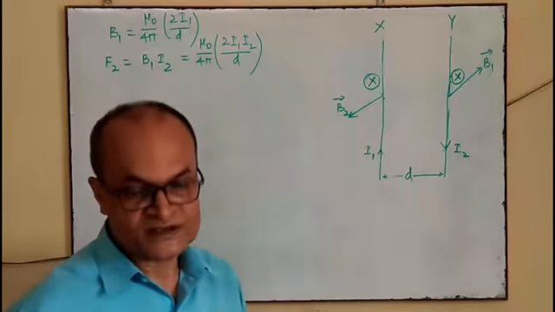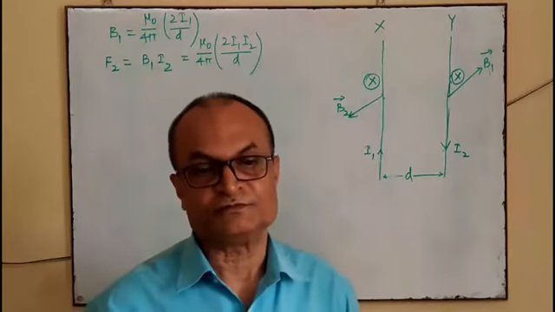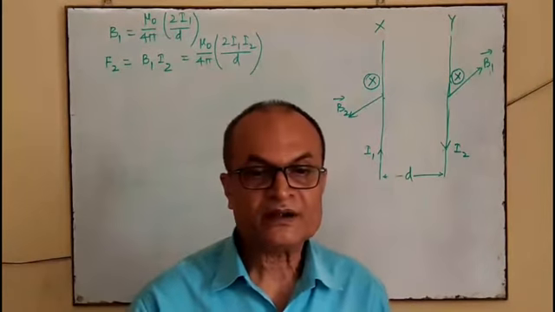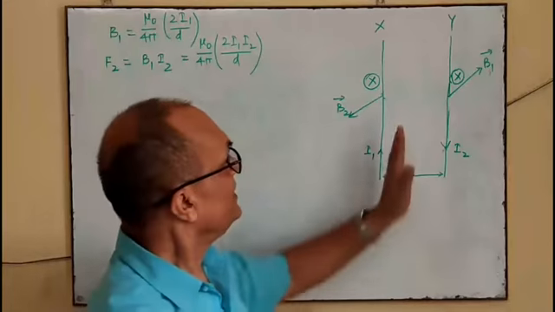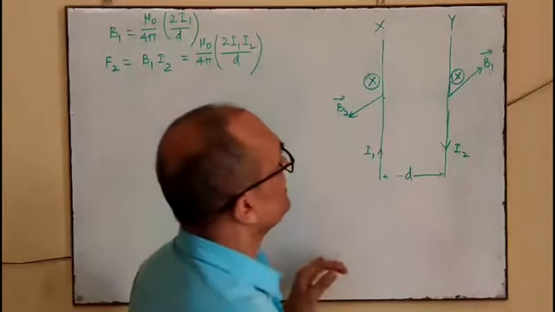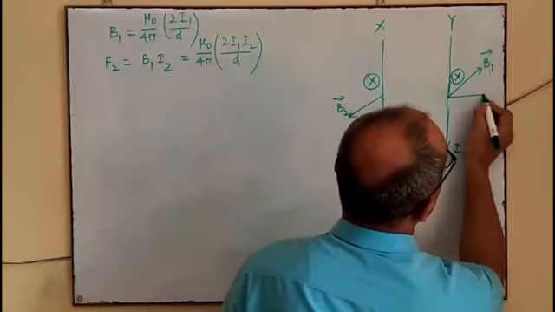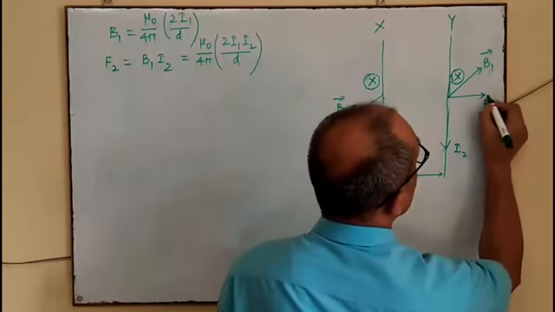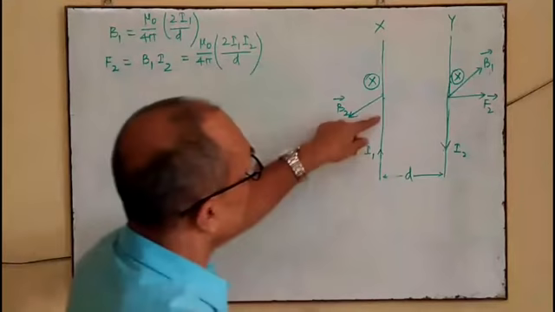But the question is, what will be its direction? The direction of the force is away from this side using Fleming's left hand rule. So the direction of the force is in this direction, that is F2. Now think over this.